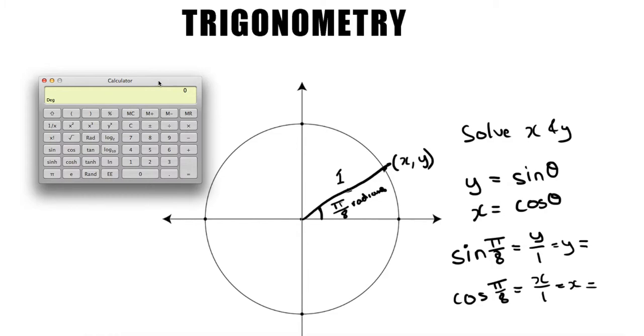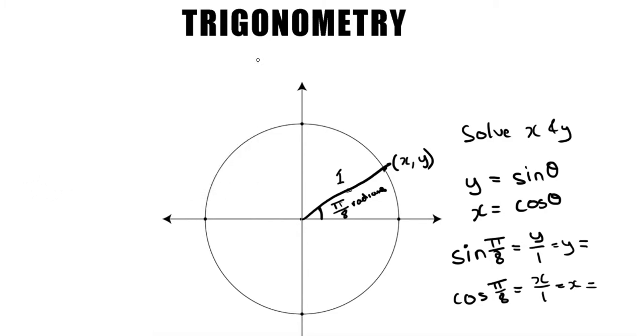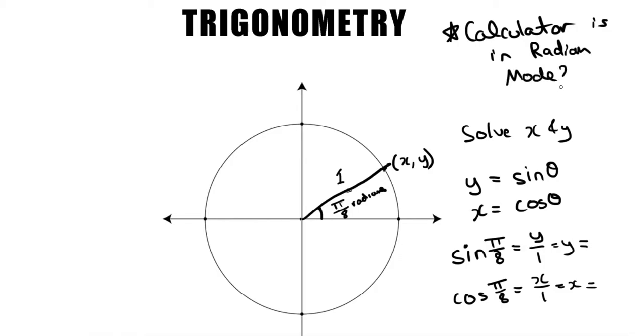Importantly, before you actually try solving for all of this, before you put this into your calculator, make sure your calculator is in radian mode. Just ask yourself, is your calculator in radian mode?